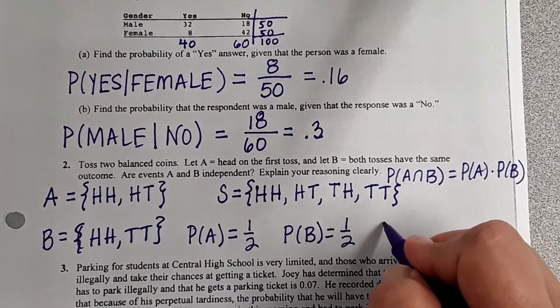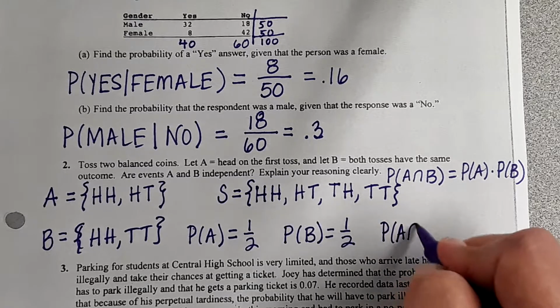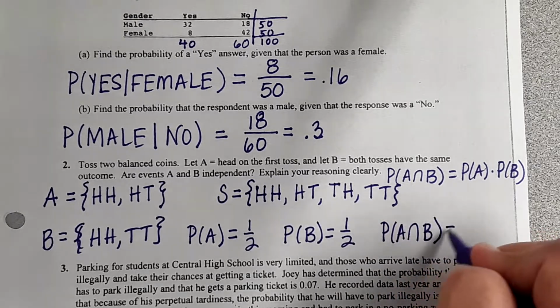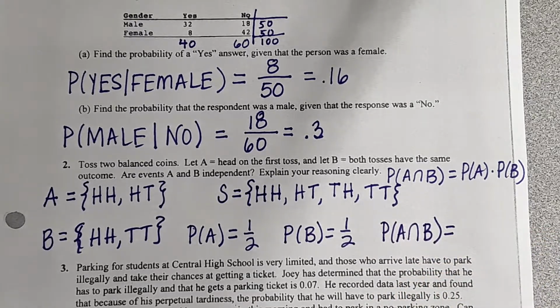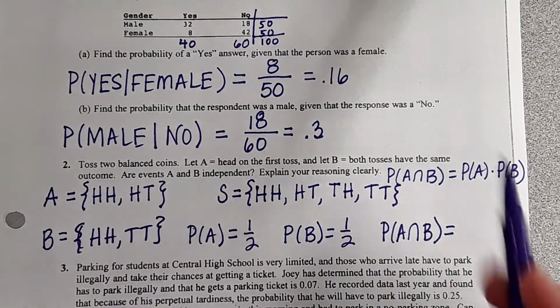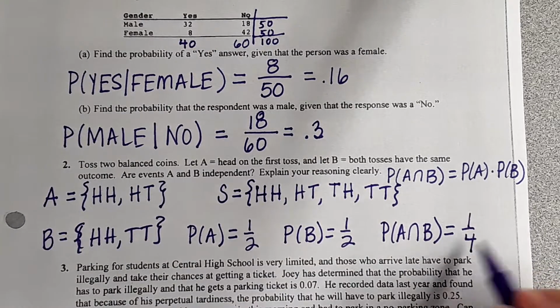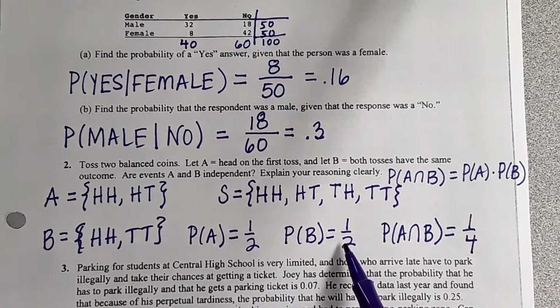And what is the probability of the intersection of A and B? 1/4, right? Yes. So does 1/2 times 1/2 equal 1/4? Yes, it does. So are these events independent? Yes.